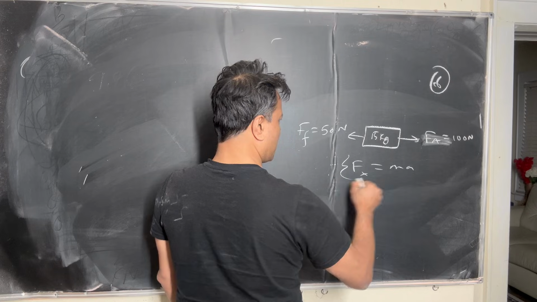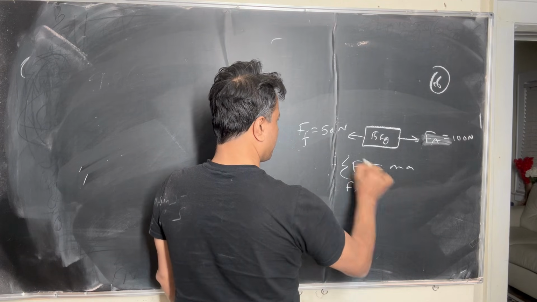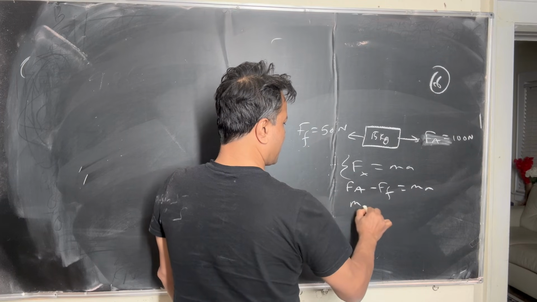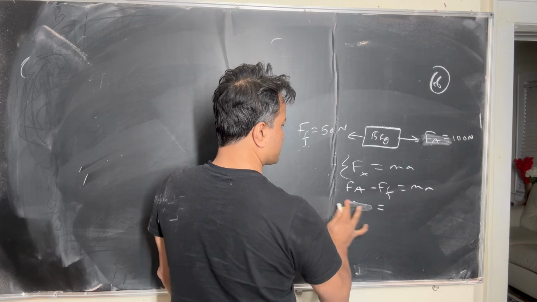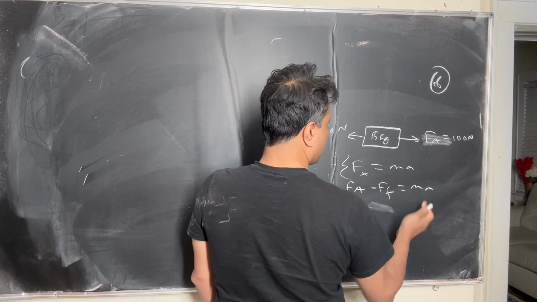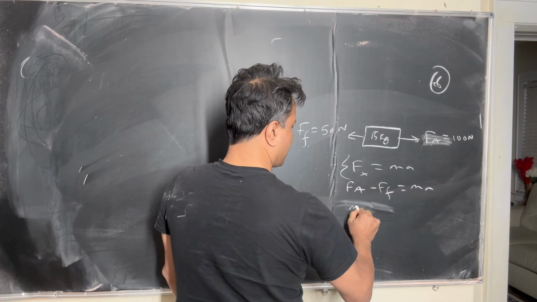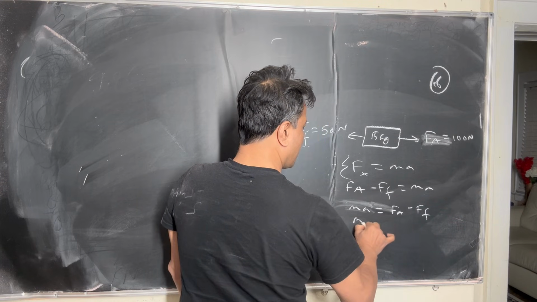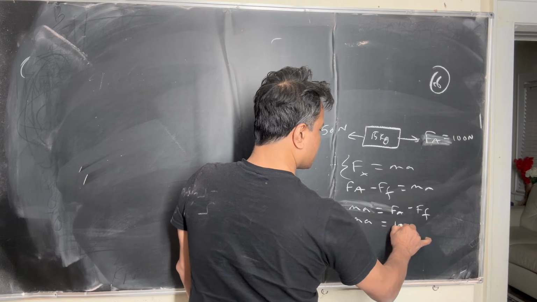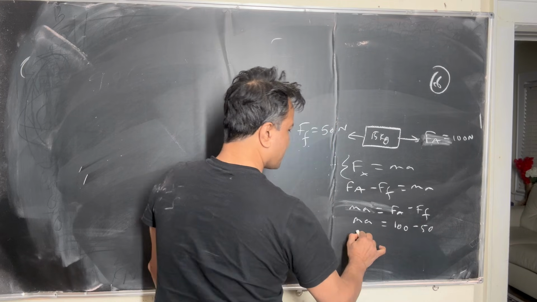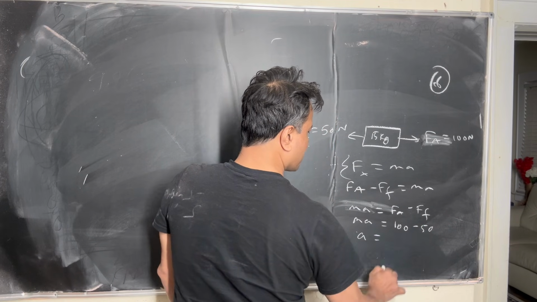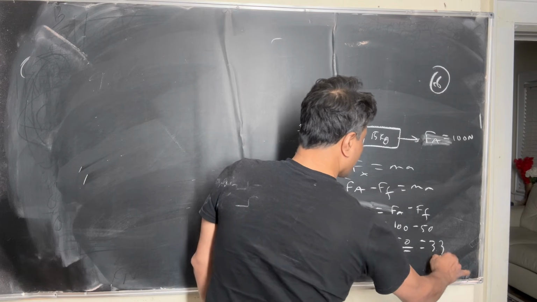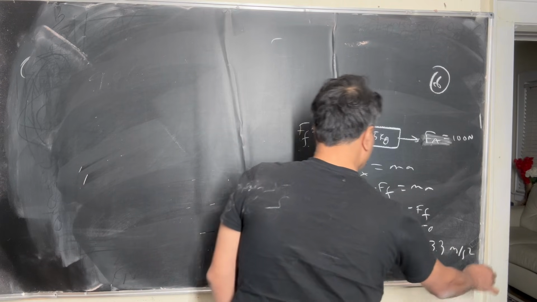In the x direction, all the forces: Fa minus Ff is equal to ma. So ma is Fa minus Ff, Fa is 100 minus 50. Acceleration is 50 divided by 15. This is 3.3 meters per second squared.